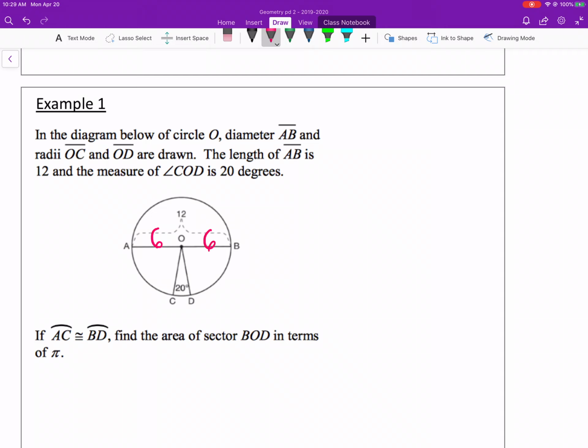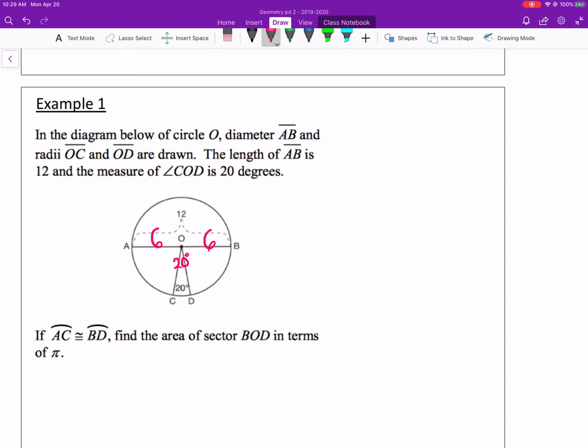It really would be 6 here, but just for space. There's a bunch of radii in there, and all the radii are 6. And the measure of angle COD is 20 degrees. They wrote it all the way towards the arc, but the 20 degrees is really right here. They just couldn't fit the writing in there.